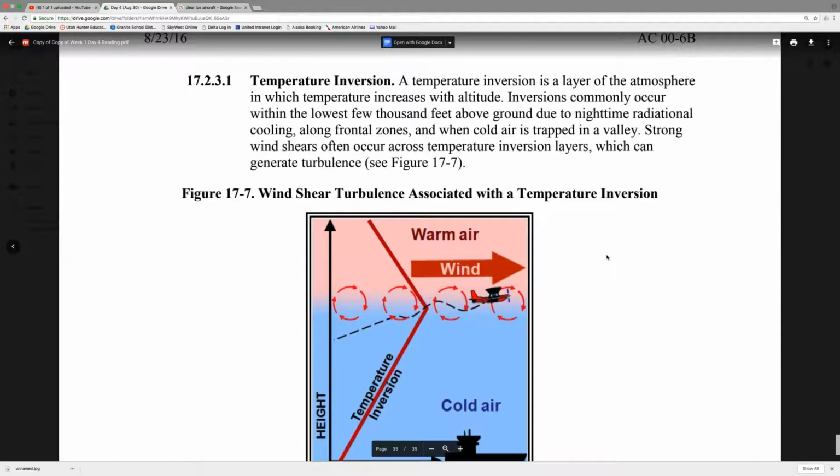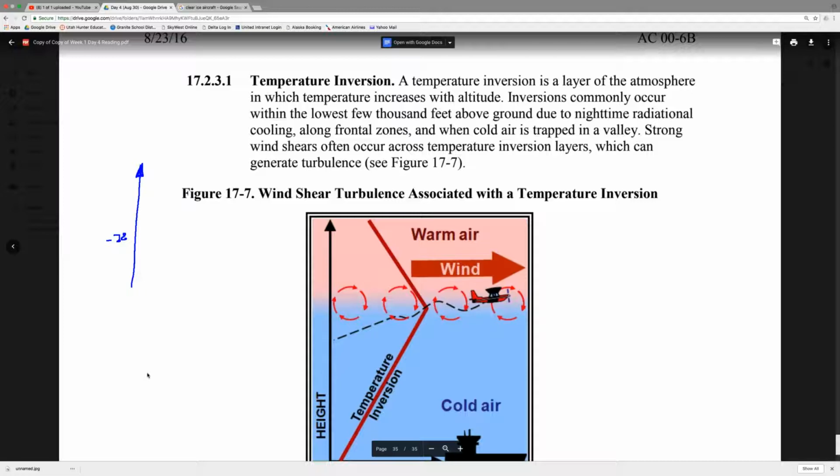Sometimes we see turbulence, or wind shear, when we have an inversion. Basically what happens is we have a warm pocket of air. If you live in Salt Lake, you know exactly what it is. In our standard atmosphere, as we climb, we're losing 2 degrees Celsius per 1,000 feet, right?